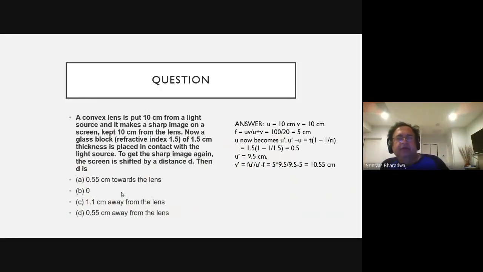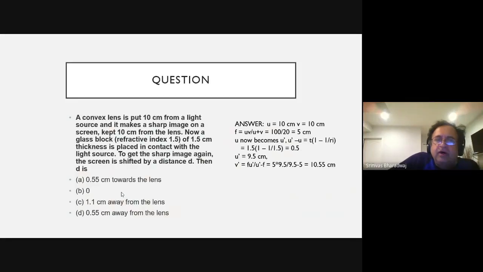So remember 1 by v plus 1 by u equals 1 by f. So uv divided by u plus v is f, right? So a convex lens is placed at 10 centimeters from a light source, makes a sharp image on the screen, kept 10 centimeters from the source. So u and v, 10 and 10, right?